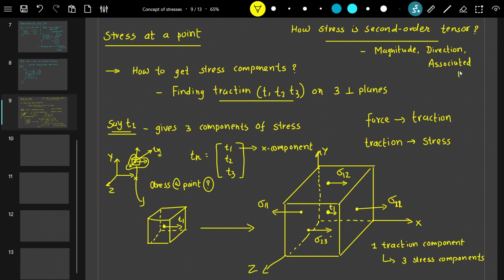So for stress, the magnitude is given by sigma 1 1. In sigma 1 1, the first index 1 is the direction and the associated plane is given by the second index. To define this stress, there is the magnitude, one index for direction, and one for the associated plane. That's how stress is a second order tensor.